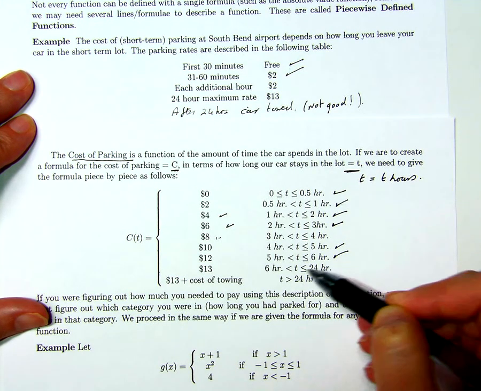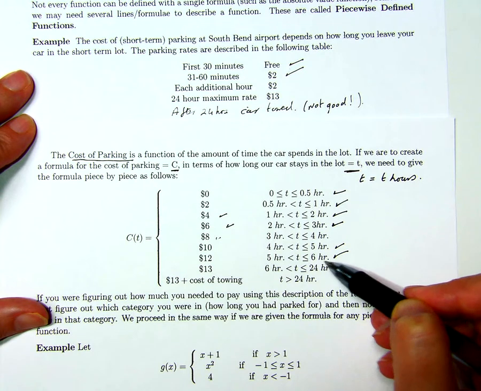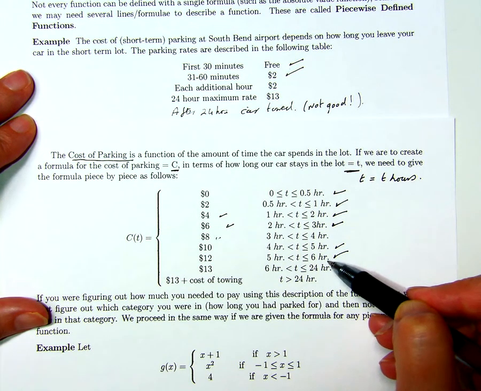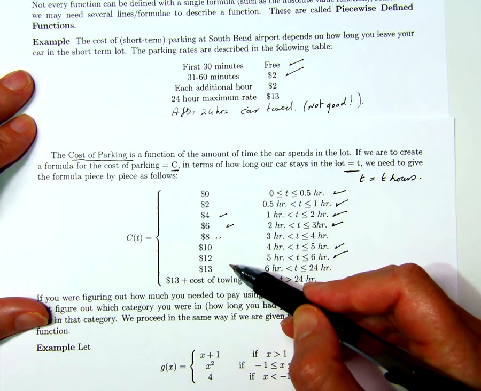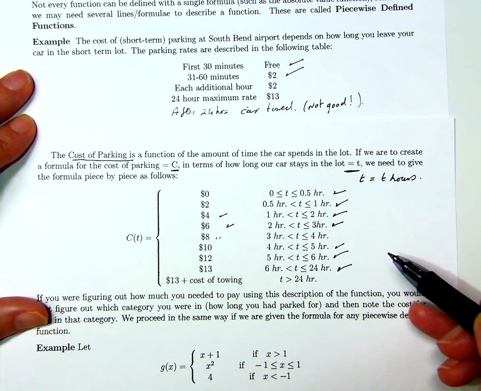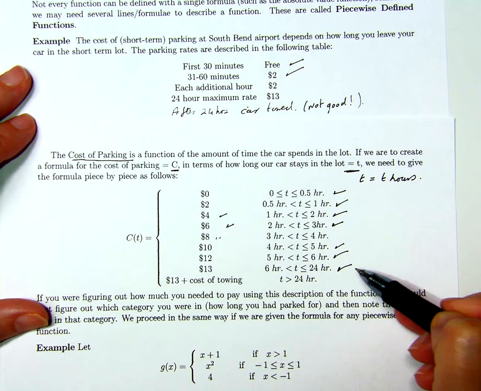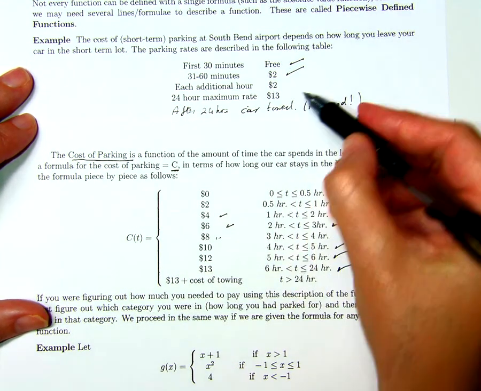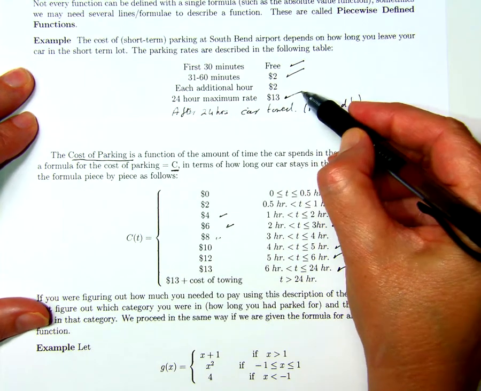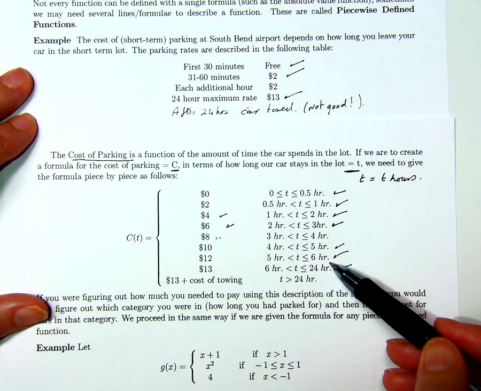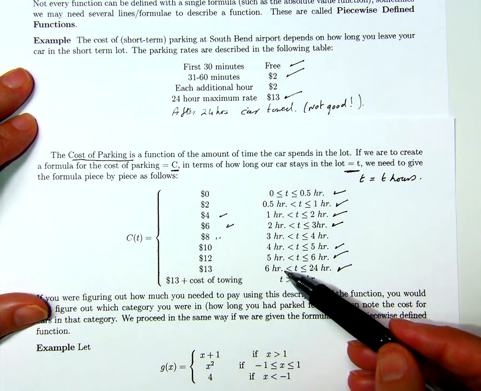And over 6 hours, it doesn't get worse than $13. So if I leave it over 6 hours and somewhere less than 24 hours, then I'm going to pay the maximum rate, which is $13. So this says that the maximum I'm going to pay is $13. So this stops increasing after 6 hours. Okay.